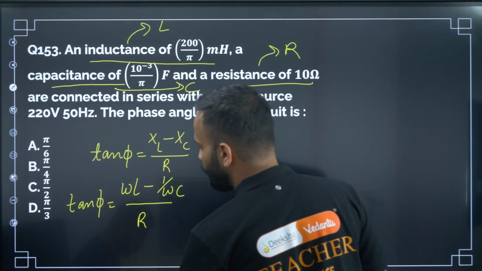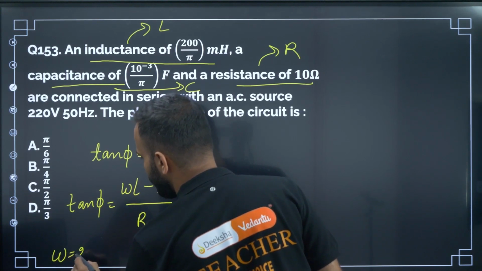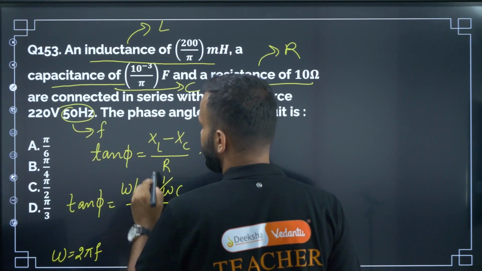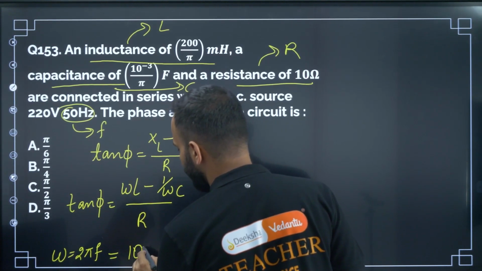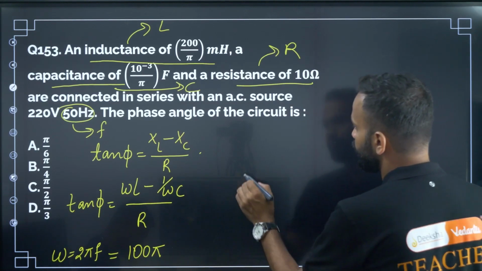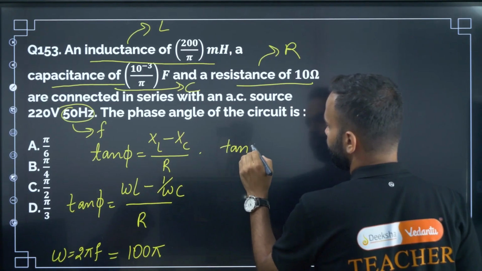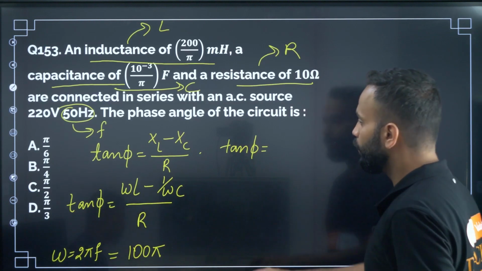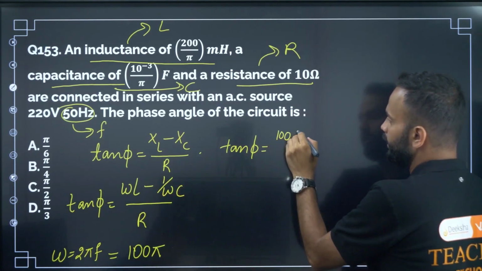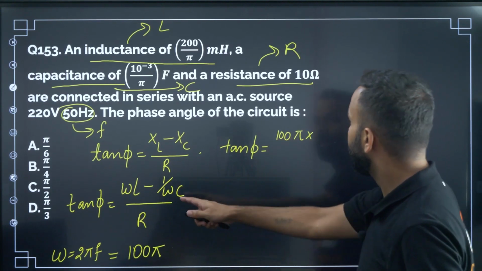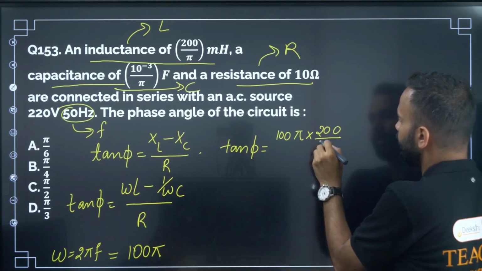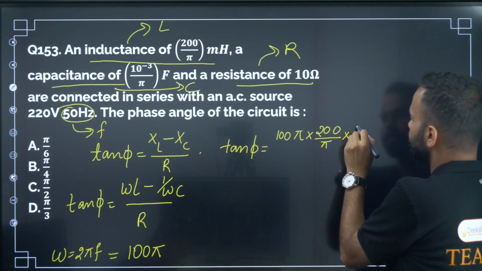So omega is 2 pi f. Here f is given, 50 hertz. So omega is equal to 100 pi. So now tan phi is equal to XL, which is omega into L. Omega L is 100 pi into L, which is 200 divided by pi into 10 to the power minus 3.